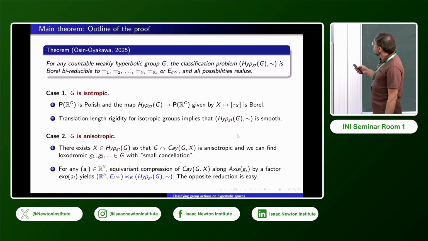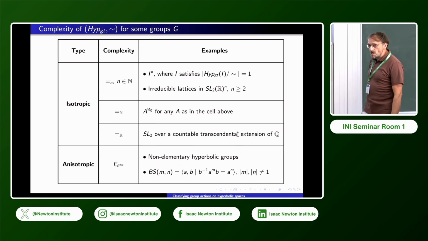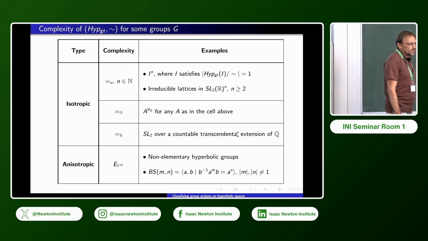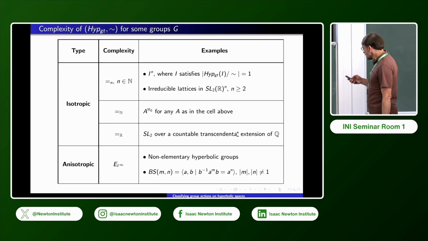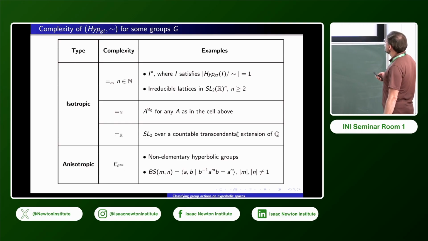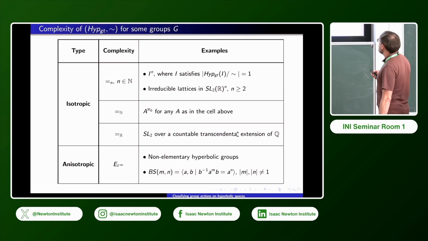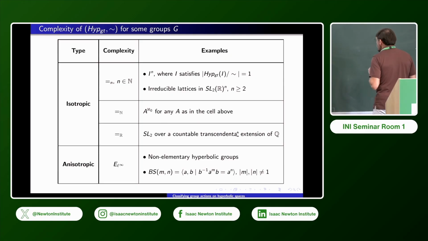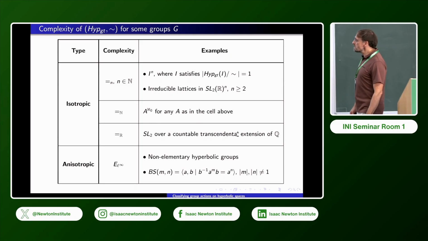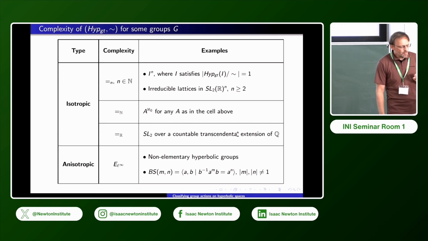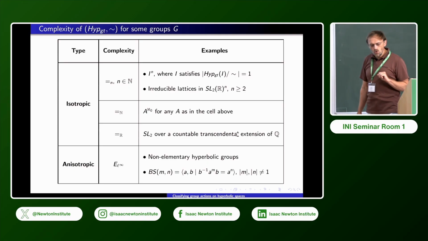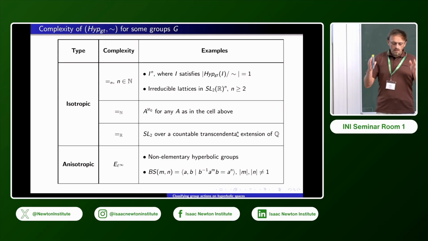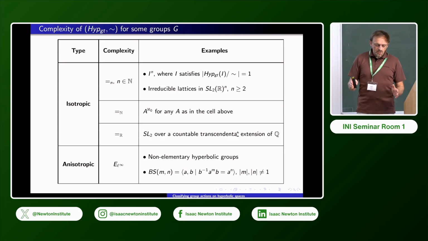I also claim that all possibilities realize, and here comes the slide with examples, which shows in particular that all possibilities indeed realize. Okay, so first of all, I want to remind one result which we proved in our paper with Sahana and Caroline. There exists a group, we call it I, such that up to equivalence, this group has only one general type action on hyperbolic spaces.